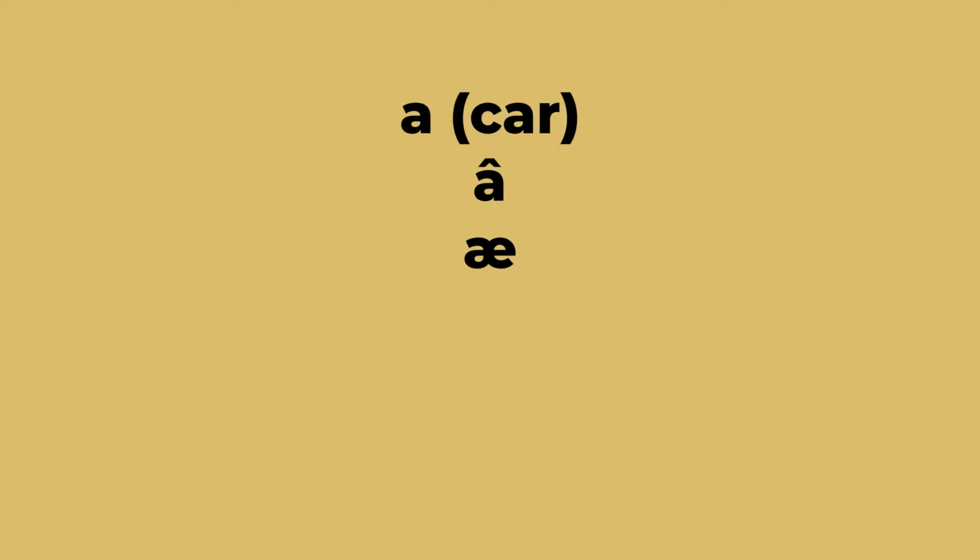This accent here, l'accent circonflexe, changes the pronunciation of the word. And this one here is æ. This is a ligature. You can see the A is attached to the E. This is quite rare. You can mostly see it in Latin words that are used in French, so scientific terms most of the time.